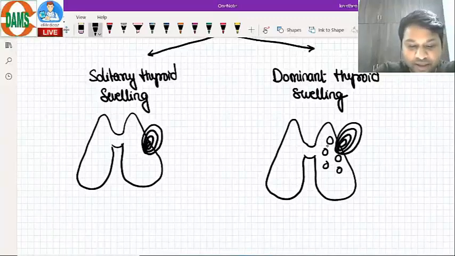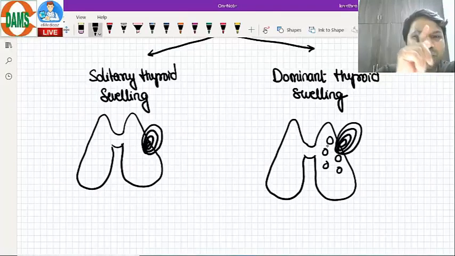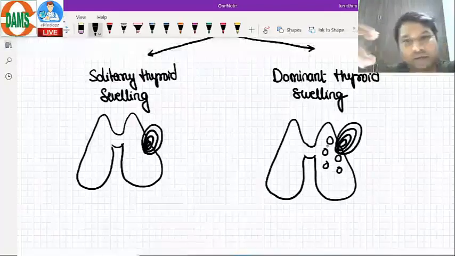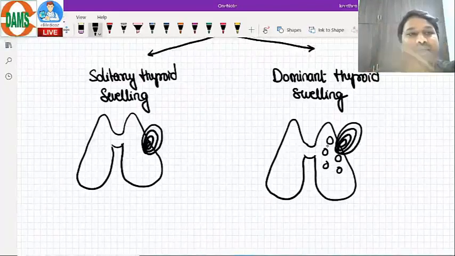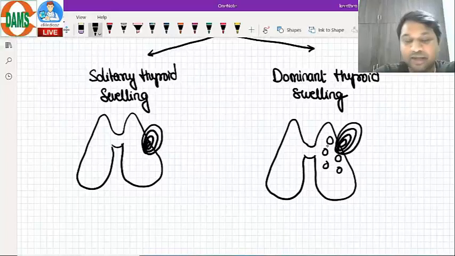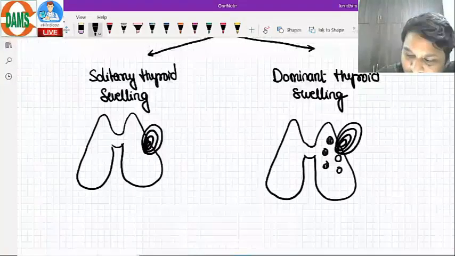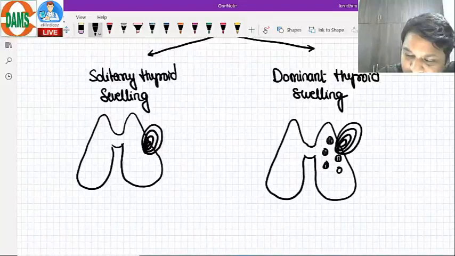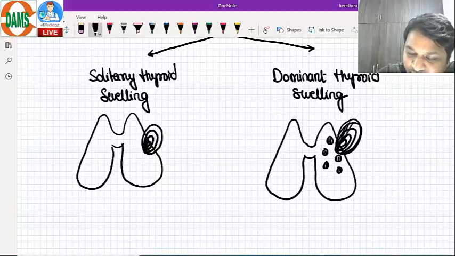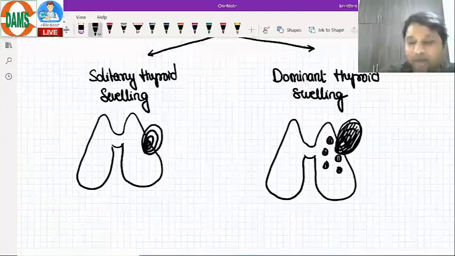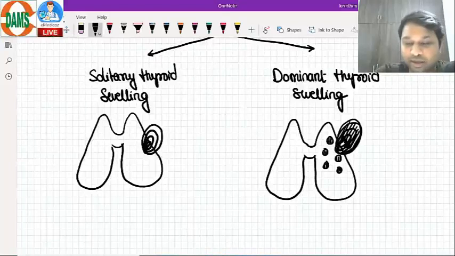Get the difference. In a solitary thyroid nodule, there is only one single nodule which enlarges and becomes clinically relevant. Whereas in a dominant thyroid swelling, you have multiple small nodules, but one nodule outgrows the other, and this becomes clinically more evident. Such nodules are called dominant thyroid nodules or dominant thyroid swellings.